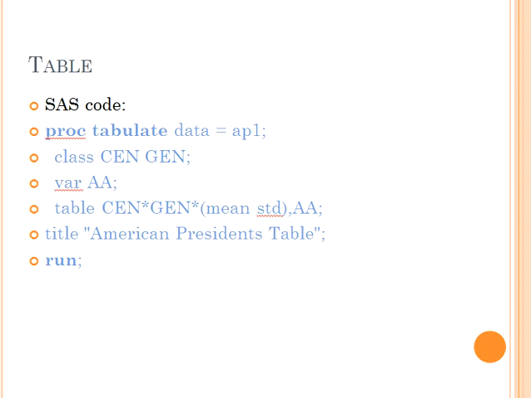We were asked to create a table based on the presidents dataset. I used tabulate to create a table for 3 variables I'm interested in: century, generation, and age at ascension.